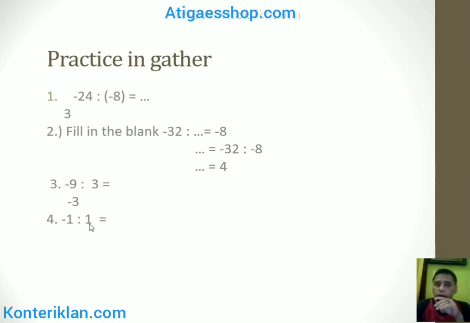So negative 1 divided by 1 equals negative 1. The last one, negative 1 is divided by negative 1. As we know, since negative meets negative should be positive.